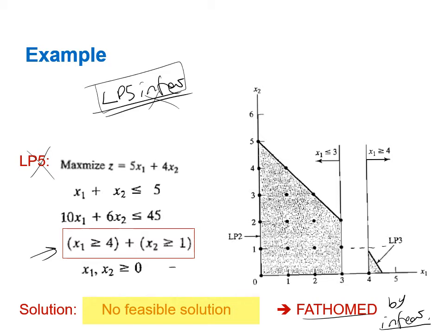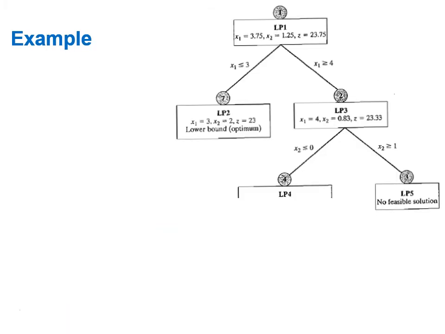Then I need to continue with the others. There are still two other open nodes, which are LP2 and LP4. I haven't considered them yet. So this is now the current state of my branch and bound tree. I started from LP1, solved it, and I branched on X1.